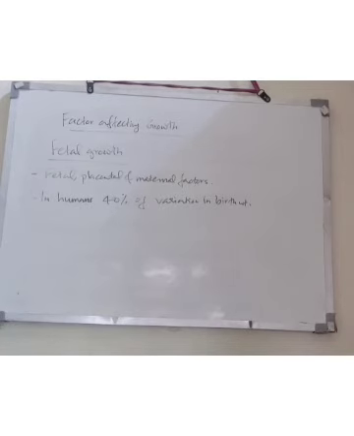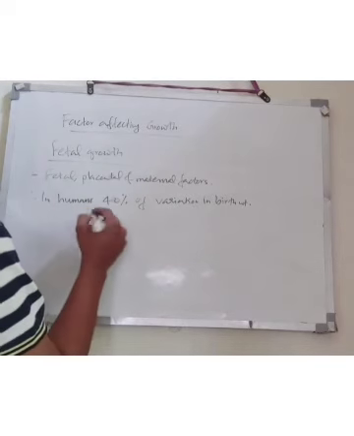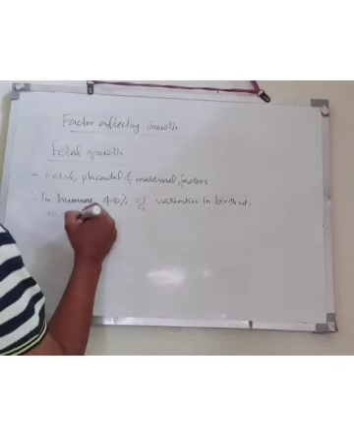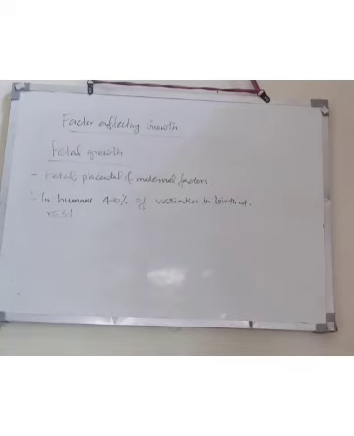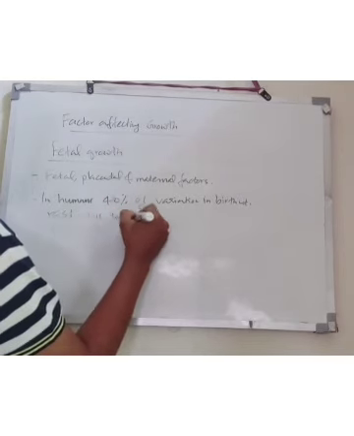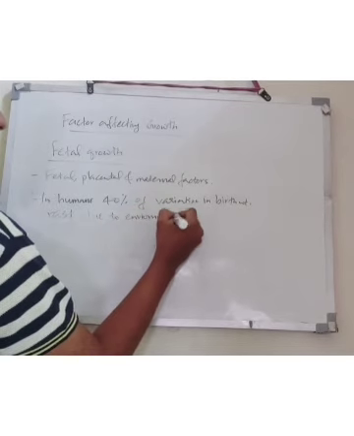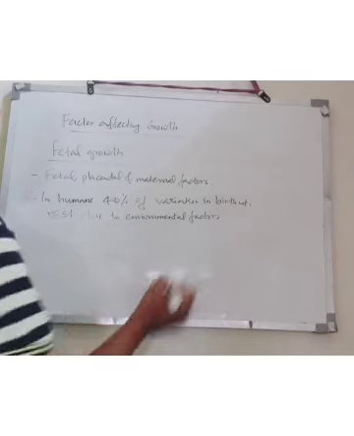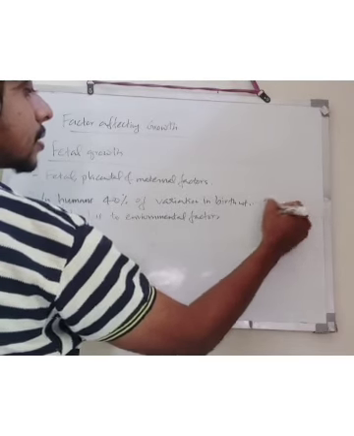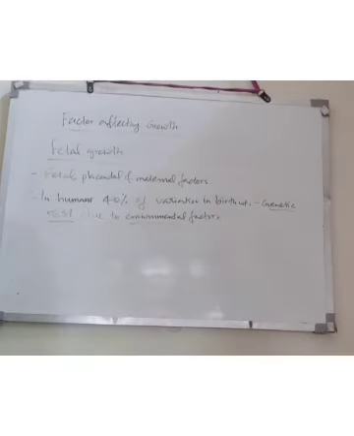So the genetic factors cause the birth weight of the baby in 40% of human beings, and the rest, 60%, is due to environmental factors.